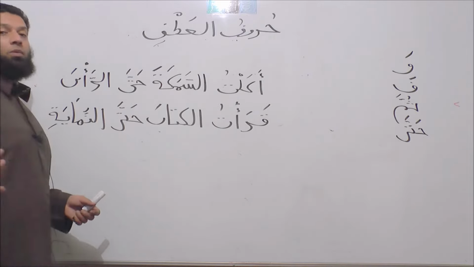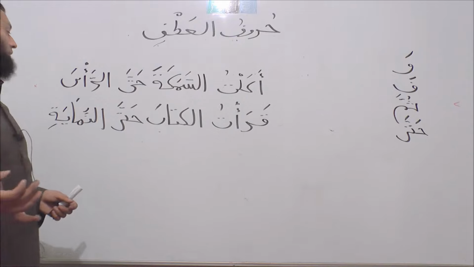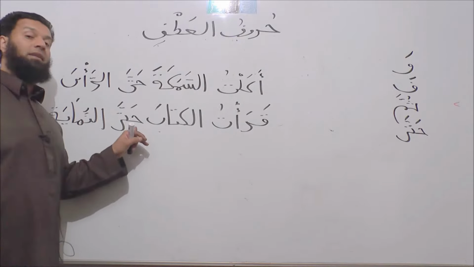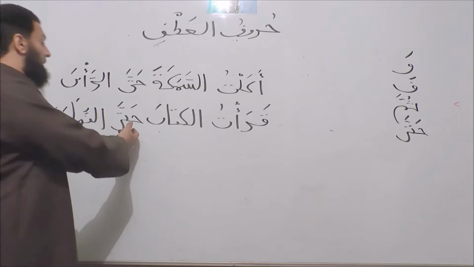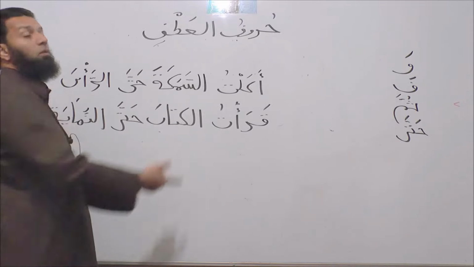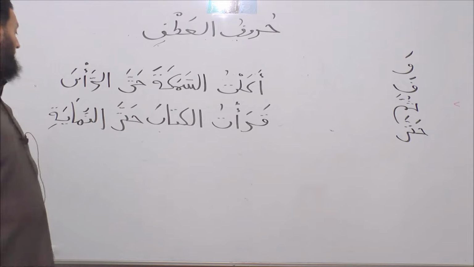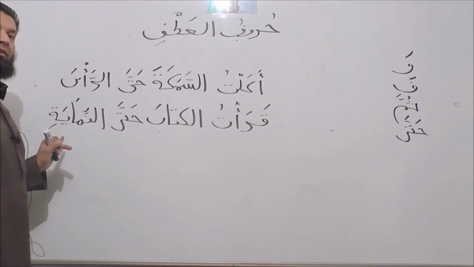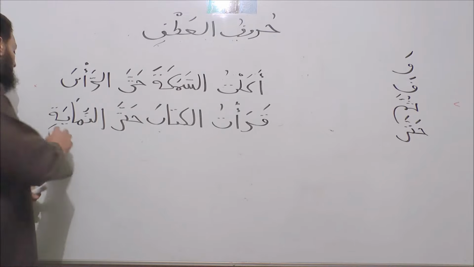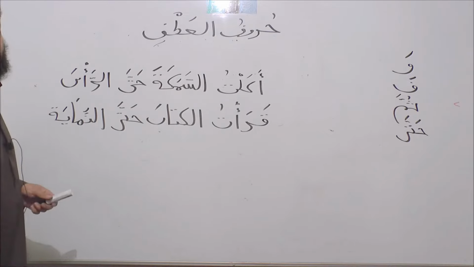Why is it majrurun? Because this is a harf jar. Hatta is a harfu jar here. If we said that hatta here is harfu atfin, then what would we have to do to an-nihaya? It would have to be mansubun.